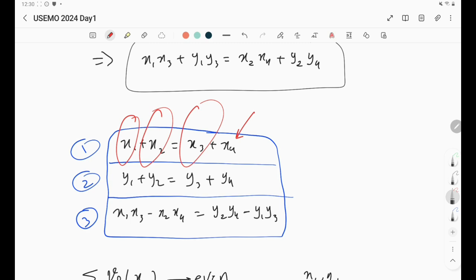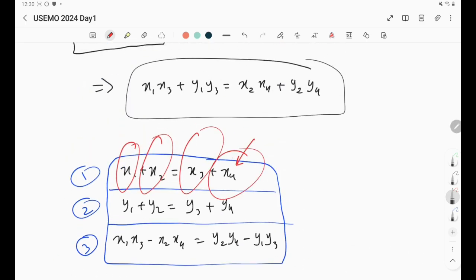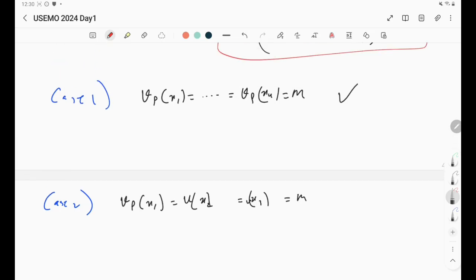But can it have something greater, like p to the m plus 1? Of course not, because remember, we know the max is m. So if this thing was not m, it's going to be strictly less than m. So a contradiction. So that means this must be m. So in fact, if three of these are m, the fourth is already m as well.